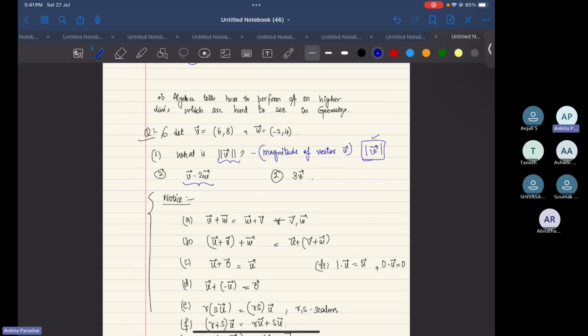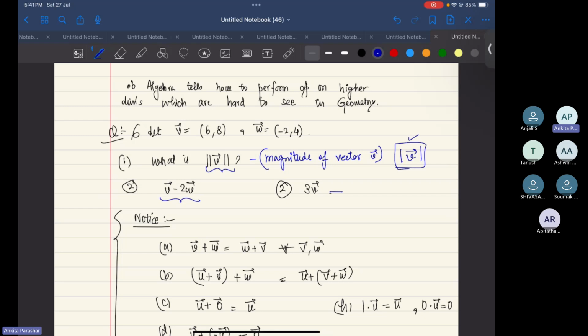Another thing is 3 times v. It is simple. Can you quickly tell me what is 3 times the vector v? 3 times 6 comma 8. We saw any scalar multiplication means you multiply the first component as well as the second.